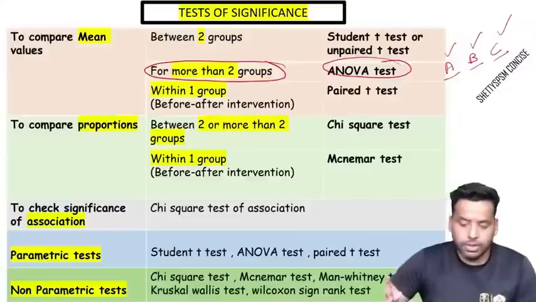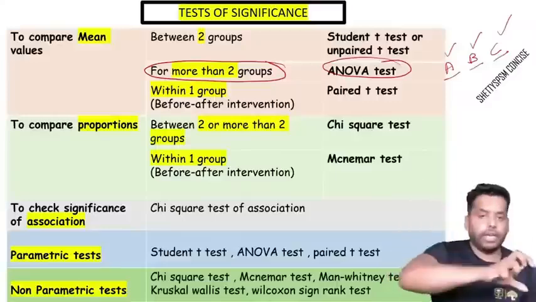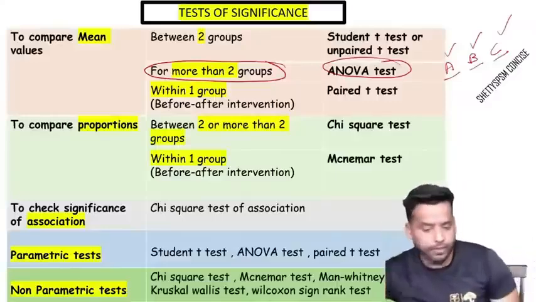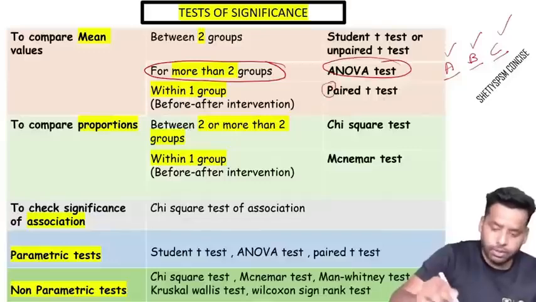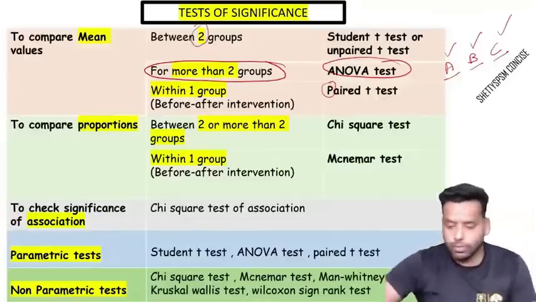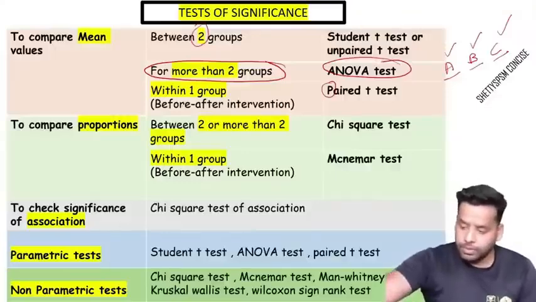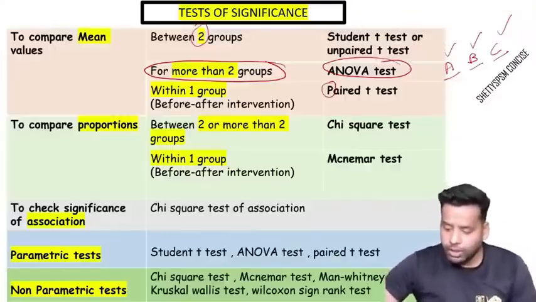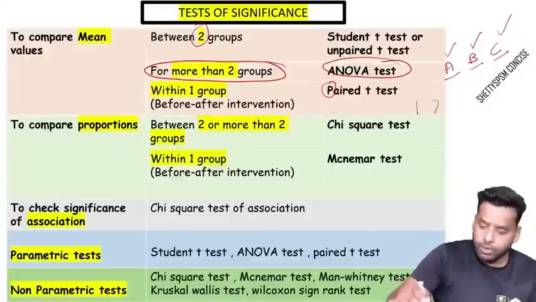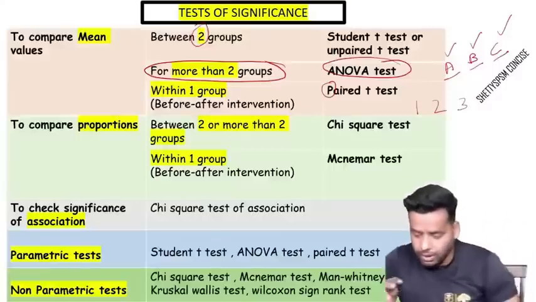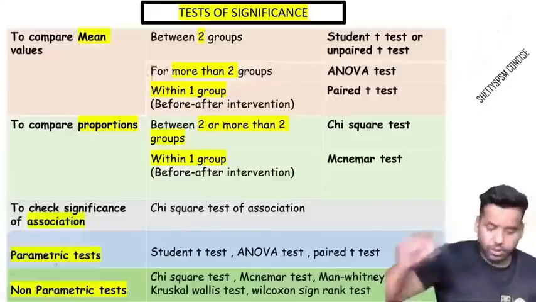ANOVA test, because you are using more than two groups. So one group, paired t-test; two groups, student t-test; more than two groups, ANOVA test. You can remember like this: one group, two group, more than two groups.